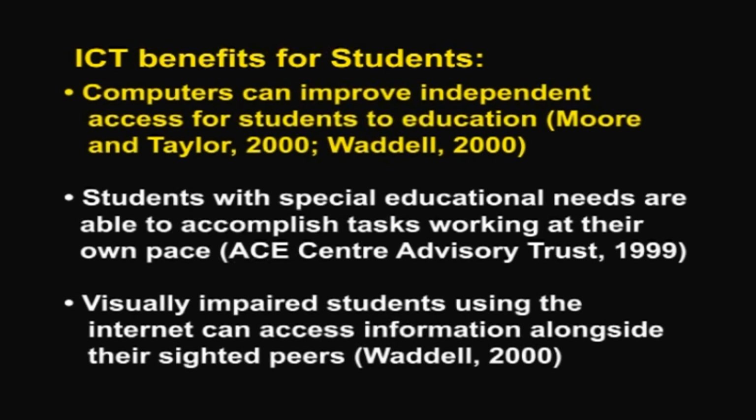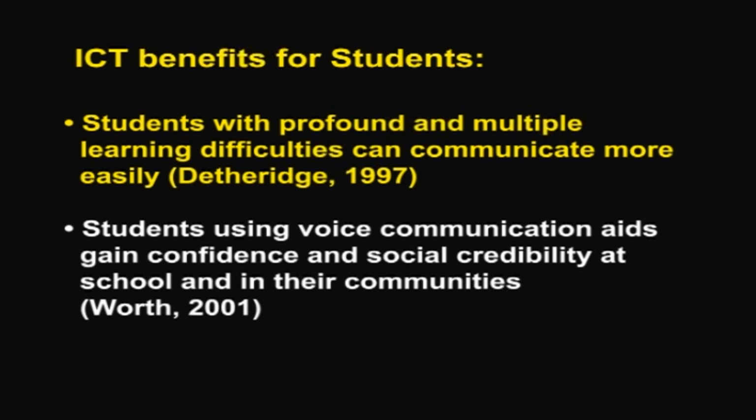Computers can improve independent access for students to education. Students with special education needs are able to accomplish tasks working at their own pace. Visually impaired students using the internet can access information alongside their sighted peers. Students with profound and multiple learning difficulties can communicate more easily.